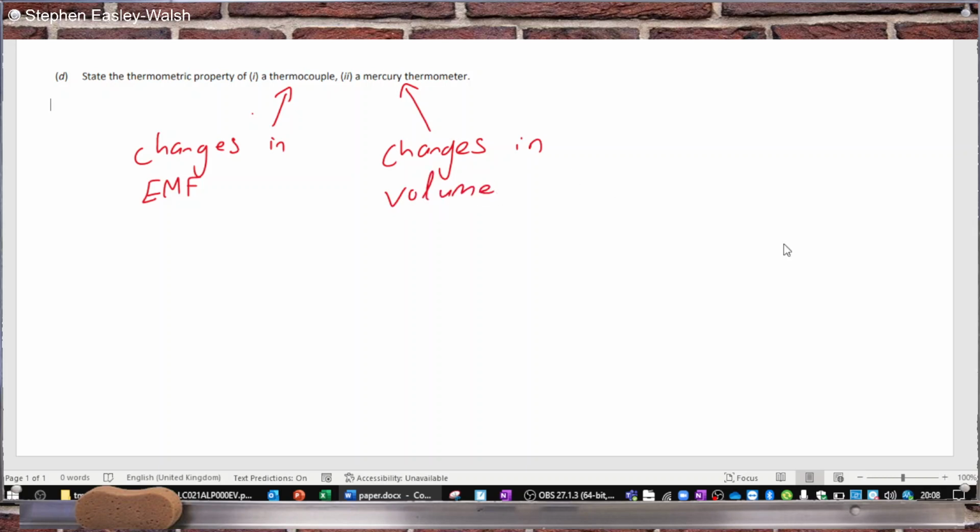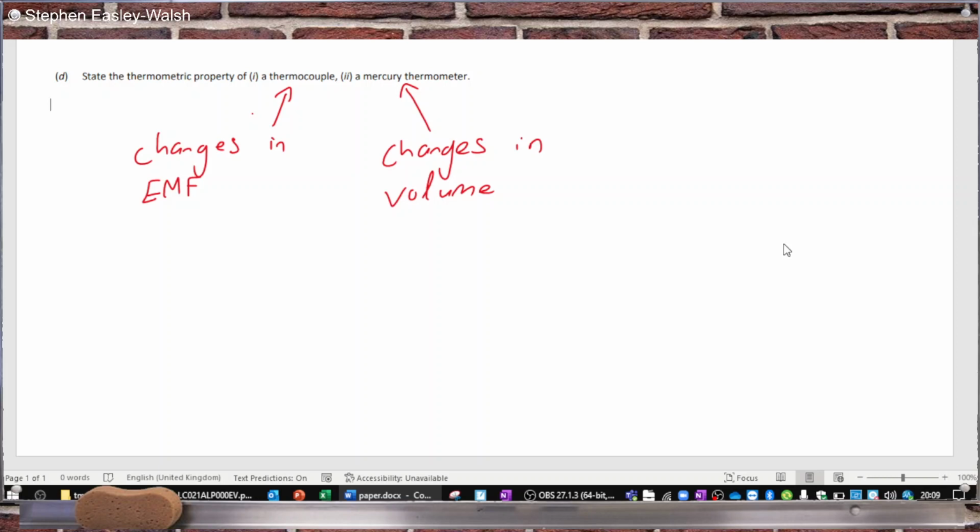So the thermocouple relies on the fact that you get a different voltage between two different metals. If you have two different metals in contact, as the temperature changes, there'll be an EMF produced across the metal bridge, and how much voltage is registered on a voltmeter could be used to calculate the temperature that those two metals are at.